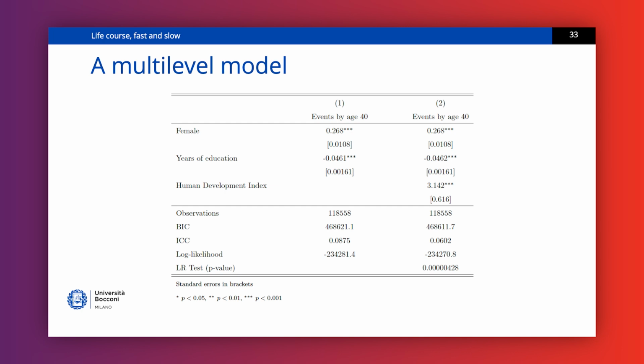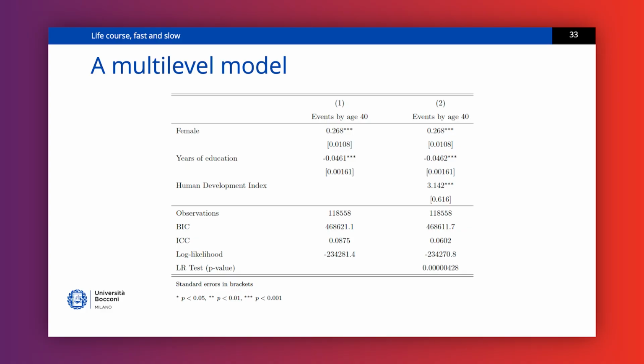And of course, you can run a very simple multi-level model with the number of events. So this is not an event history multi-level model, it's just a model with the number of events, like at age 40. The first model is not with a macro level variable, and so you show very easily that women have faster life courses, and there is a negative effect of years of education.